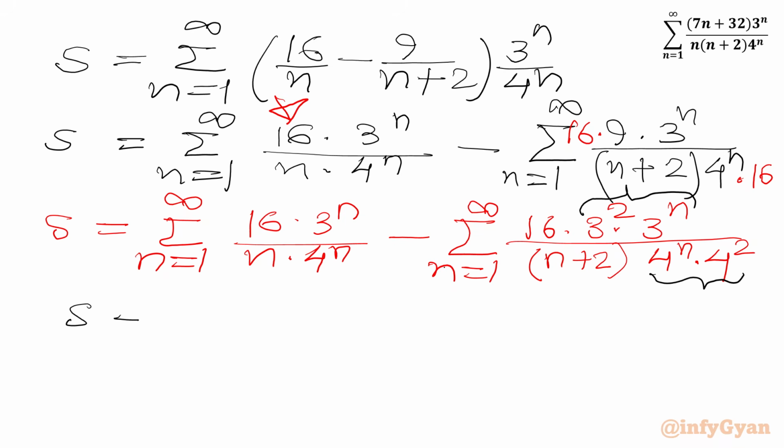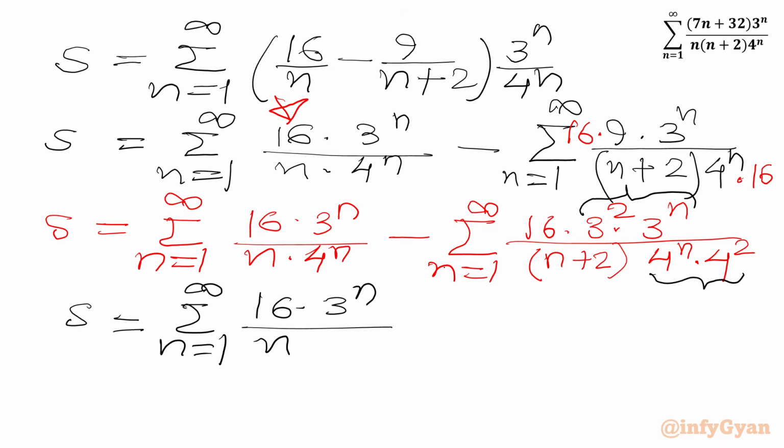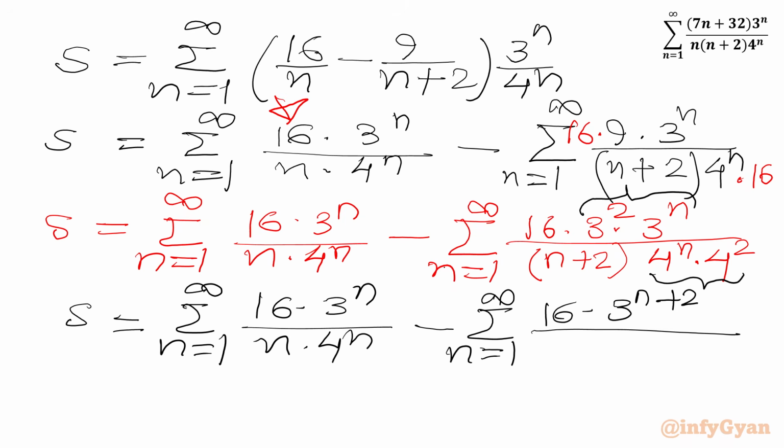Let's write S equal to sigma n = 1 to infinity 16 times 3 power n over n times 4 power n, minus sigma n = 1 to infinity 16 times 3 raised to the power (n + 2) in the numerator, and in the denominator we will write (n + 2) times 4 raised to the power (n + 2).